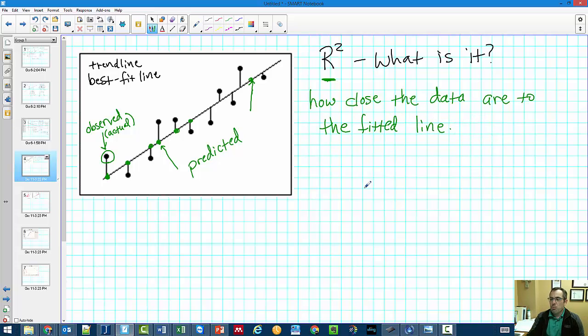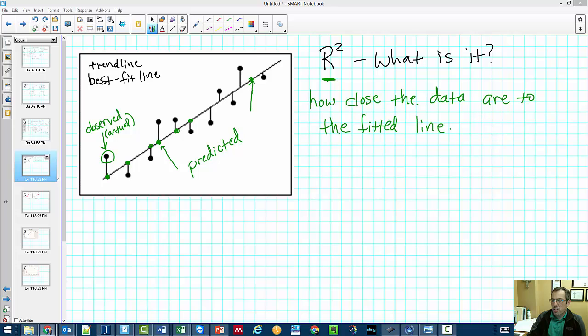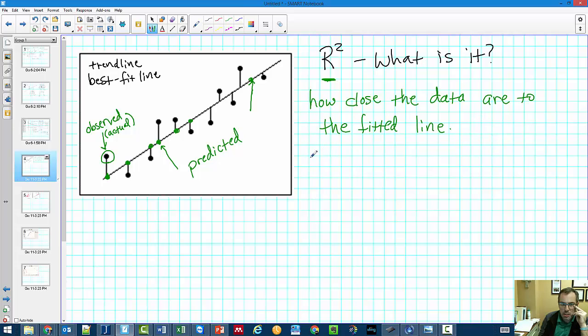All right, so really, when we talk about R squared, it's pretty straightforward. It really is the percentage of the response data around its mean.